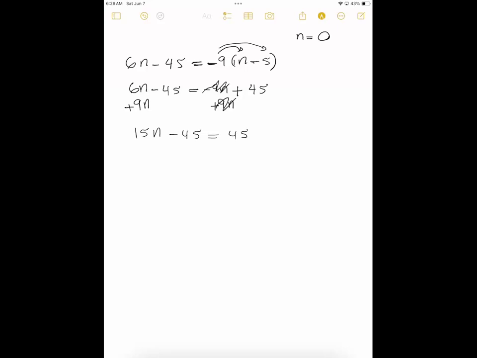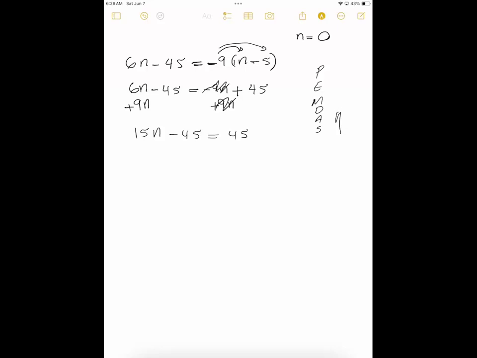Next, I want to get rid of this 45 because we want to have the numbers on one side and the letter n, anything with n, on the other. So remember PEMDAS also, after distribution and after gathering up your n's on one side, you can always go back to PEMDAS as a reference.